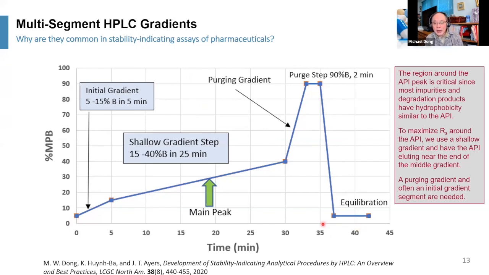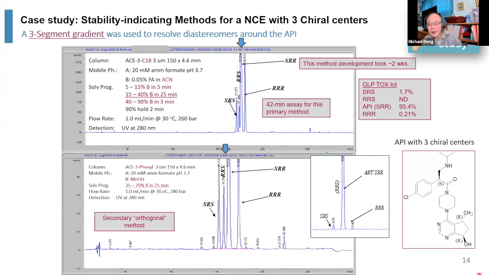And I show you when I use this gradient profile, right? So this 3-segment gradient profile was used to resolve diastereomer around the API, right? I supported this project for about 5 years, right? I took it from clinical phase 0 all the way to phase 2B.